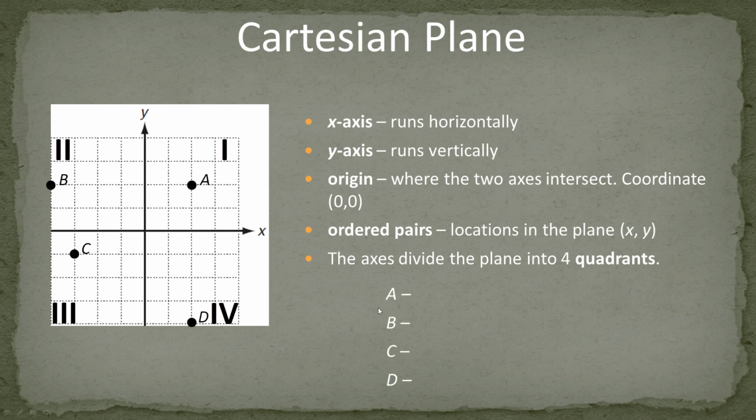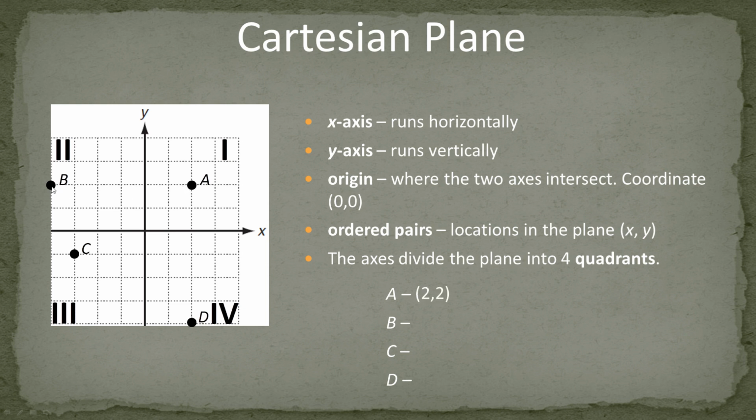So let's find some locations of some points here. I got 4 points here, and let's locate where they are. Let's start with A. A, if we come over 2 to the right and 2 up, so this is the coordinate 2, 2.